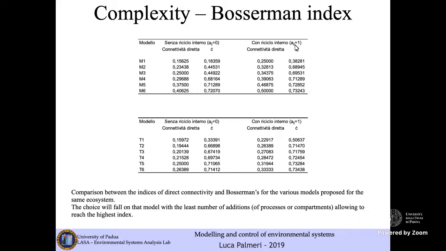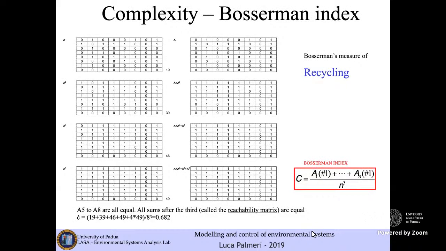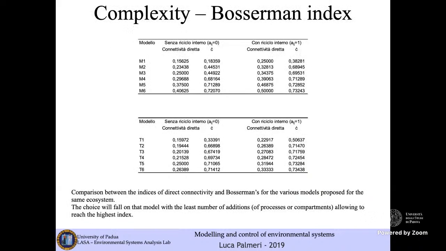So these are cases in which the diagonal values are 1s. You obtain a set of indicators of direct connectivity, sorry, and Bosman recycling index, the second column. I recall to you that with C, that is the Bosman recycling index, it is with C here.